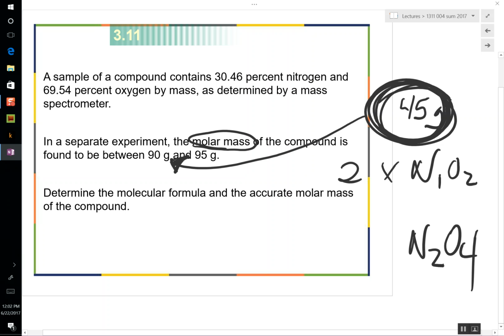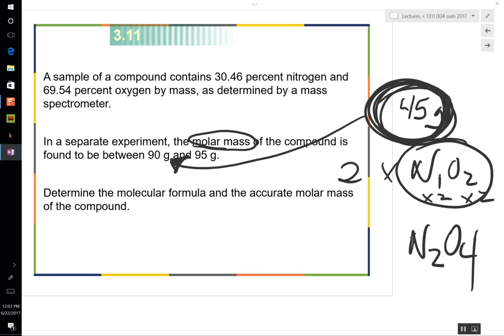It's only half of it. So the empirical formula is really only half of what the real molecule looks like. And when you multiply it by 2, you've got to multiply each coefficient by 2. It's going to be in the same ratio, 1 nitrogen to 2 oxygens, but there are 2 nitrogens and 4 oxygens. Like I say, I don't know if that's the answer to this question, but that's the thinking. Okay?